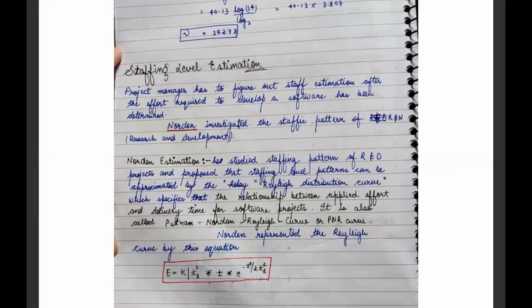It is also called the Putnam-Norden-Rayleigh curve, or PNR curve.